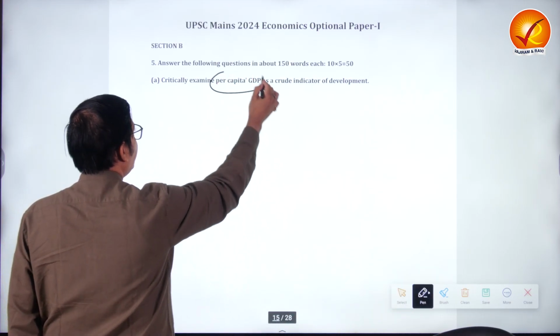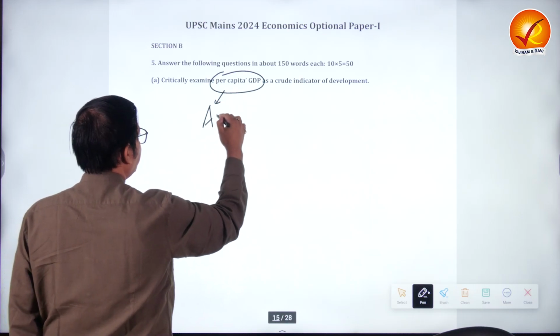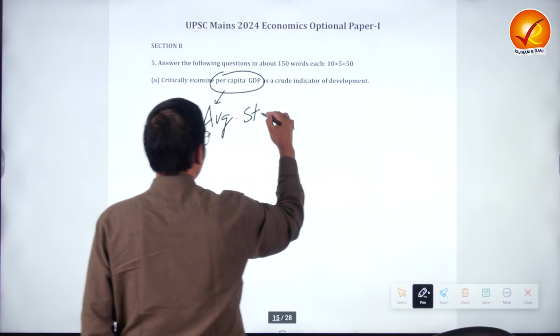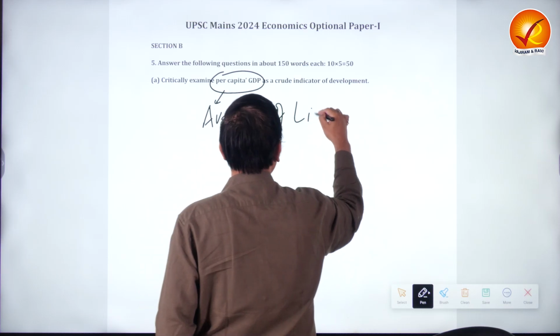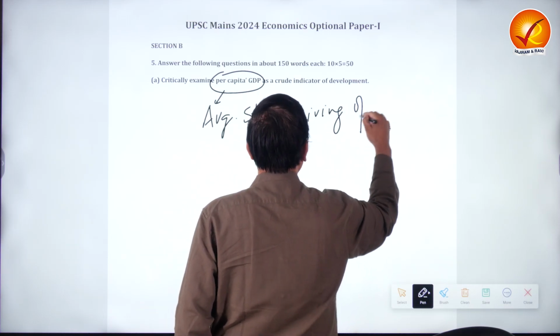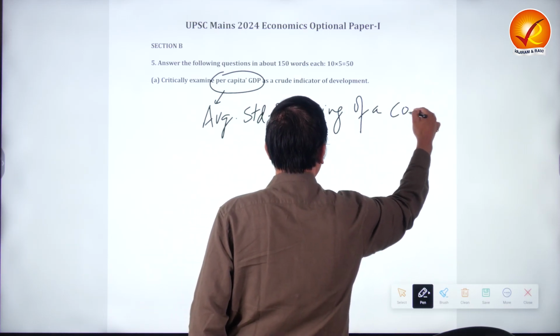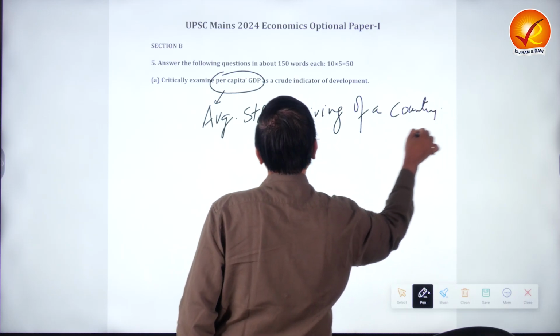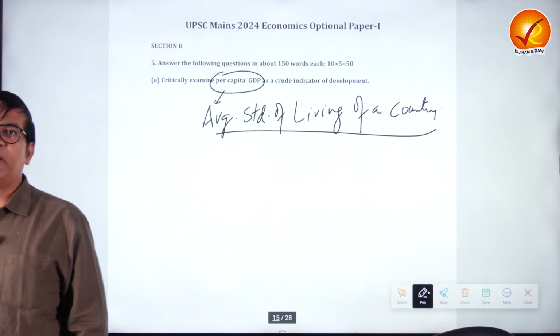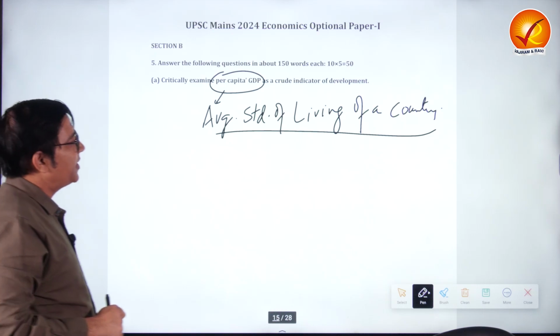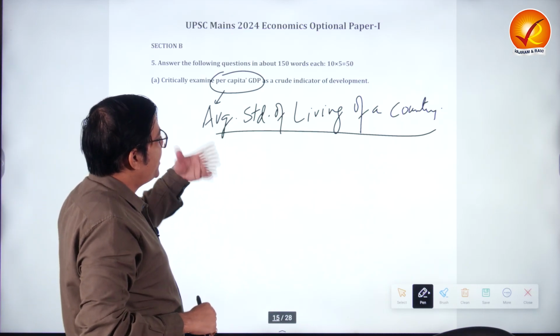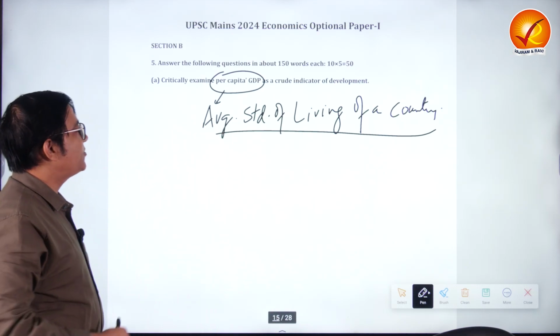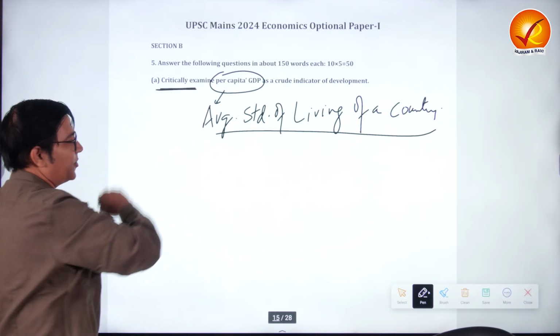Per capita GDP tells us about the average standard of living of a country, and that is also important in order to look into the development aspect. But averages have their own problems, and that is why you should devote more time to criticism here.